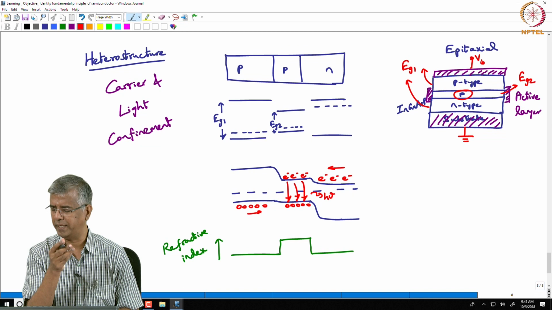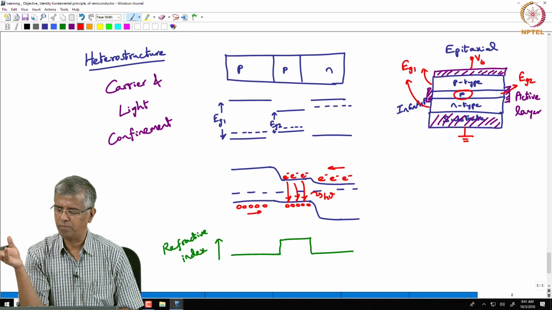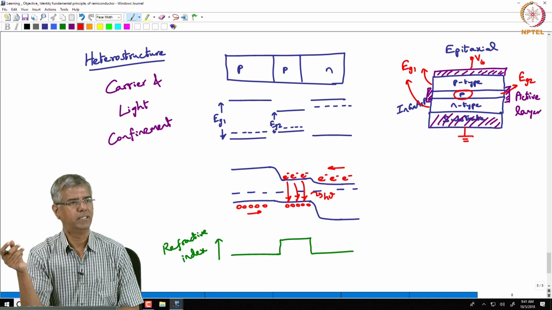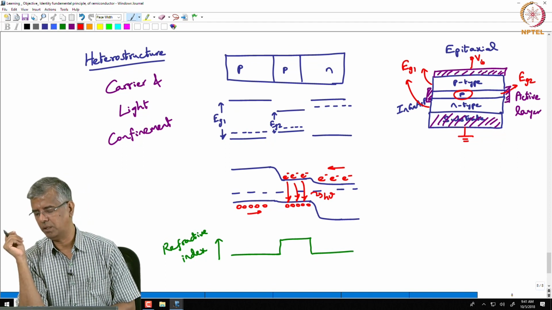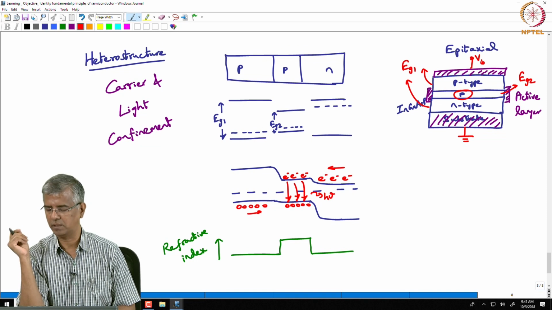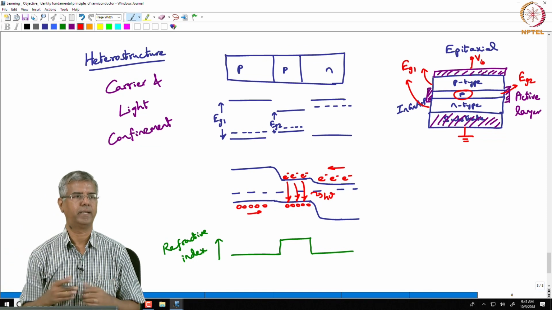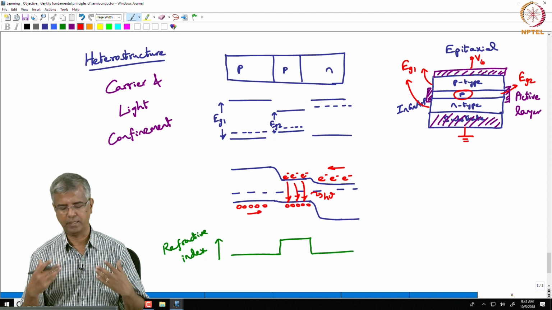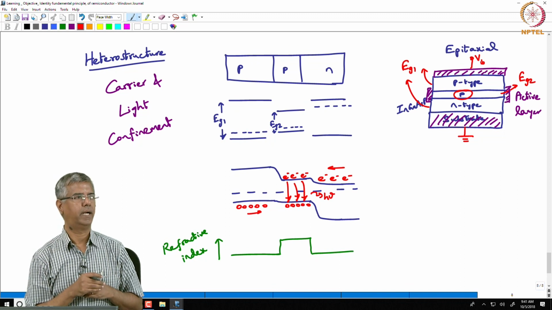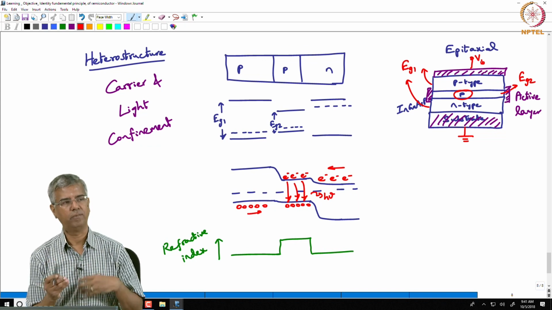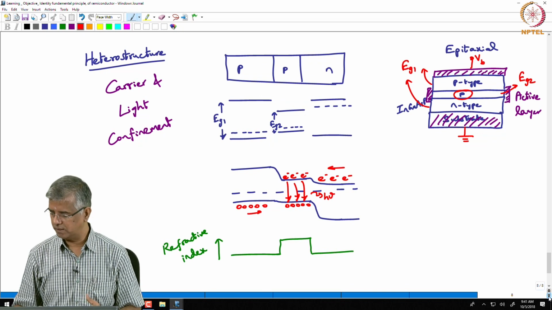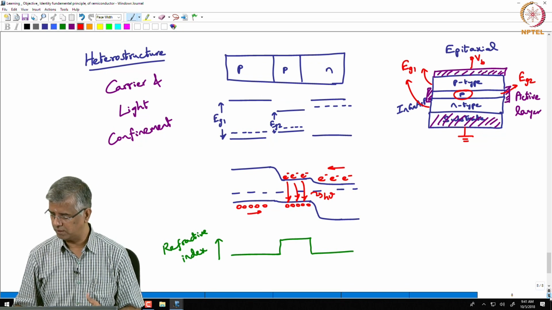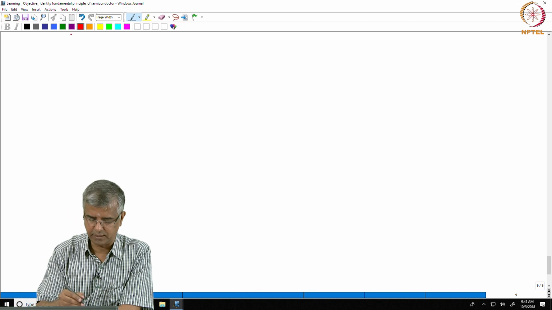Clearly, you have carriers injected into the structure, and they accumulate in that active layer, and then they start recombining, and then you have light emission. So let's track this light emission as a function of the injected current.